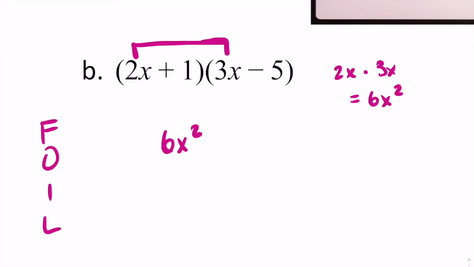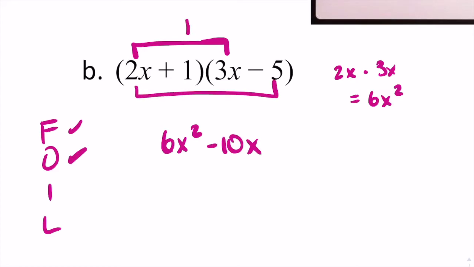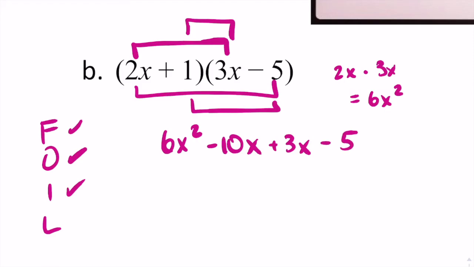Your outer terms are 2x and negative 5x, which gives negative 10x. Inner terms are 1 times 3x, which is 3x. My last terms are 1 and negative 5, which is negative 5. I combine everything: 6x squared minus 7x minus 5. I can combine those two middle terms right there.